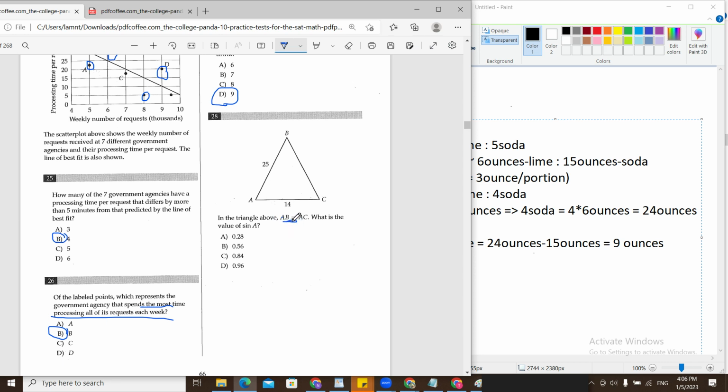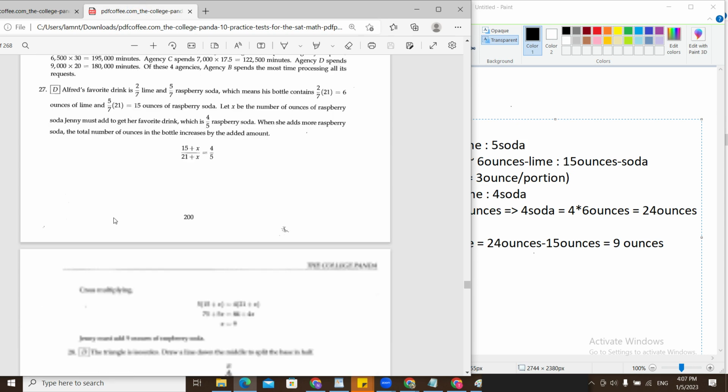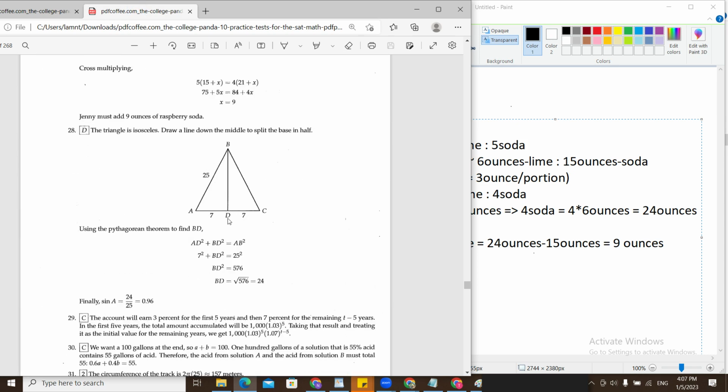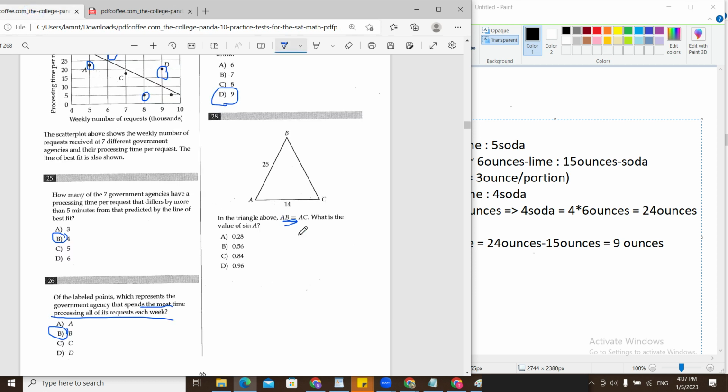AB is not equal to AC. I think AB is equal to BC, right? Sorry, it's BC. So in this case, AB is equal to BC. So what is sine of A?